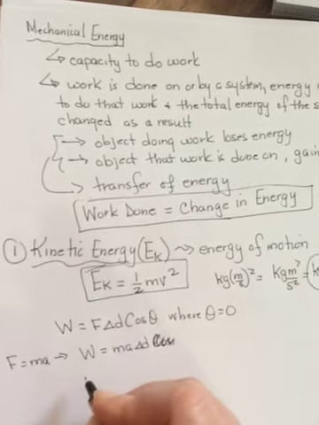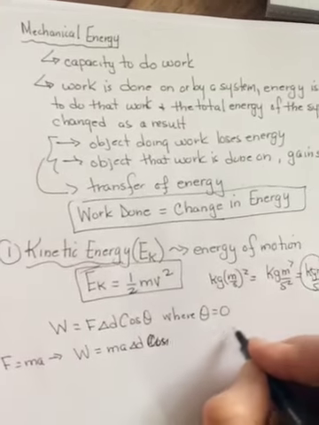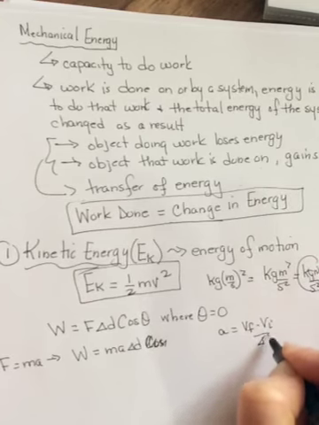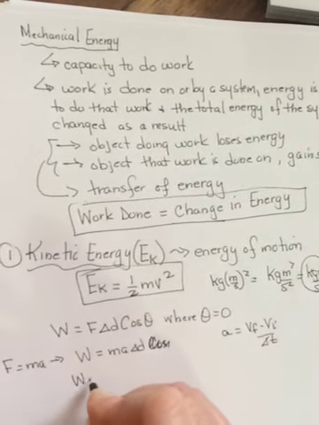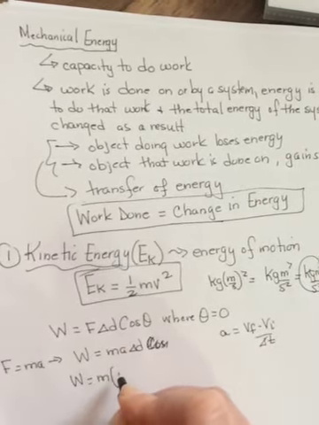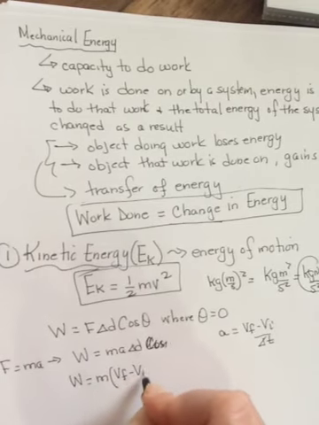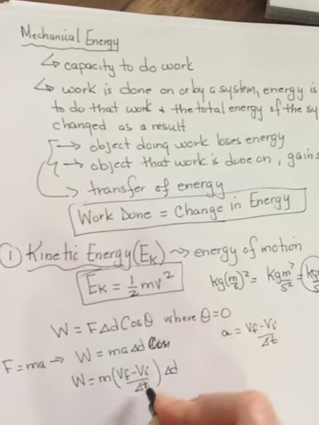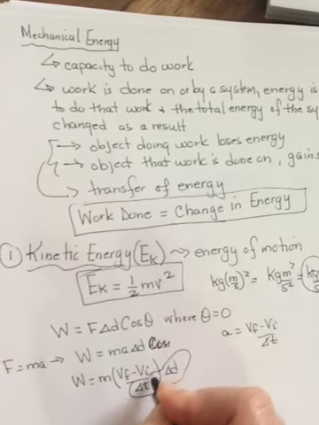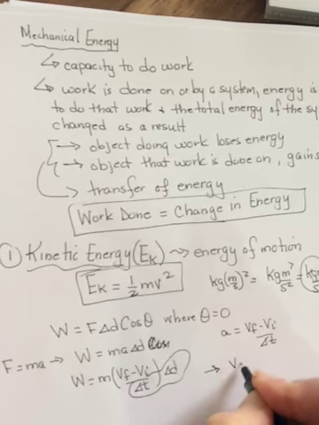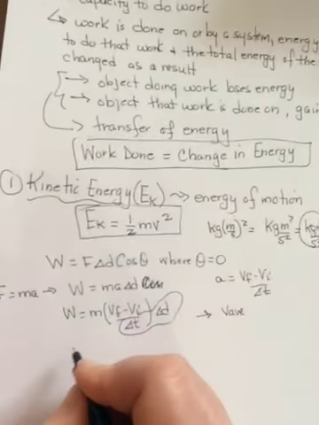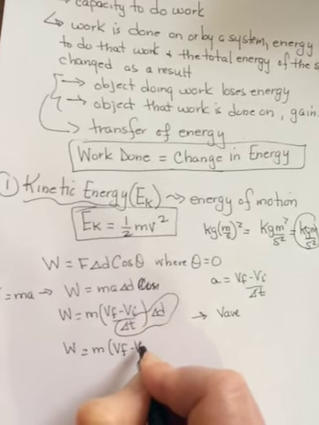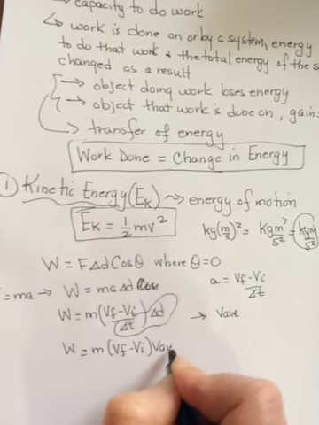And we know A is equal to VF minus VI over delta T. So if we fill that in, it becomes M brackets VF minus VI over delta T times delta D. But this delta D over delta T is really V average. So W equals M VF minus VI times V average.